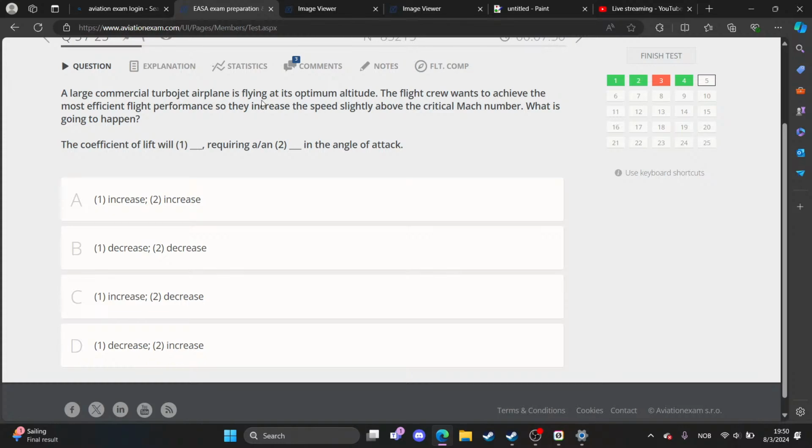The flight crew wants to achieve the most efficient flight performance. So they increase the speed slightly above the critical Mach number. What is going to happen?